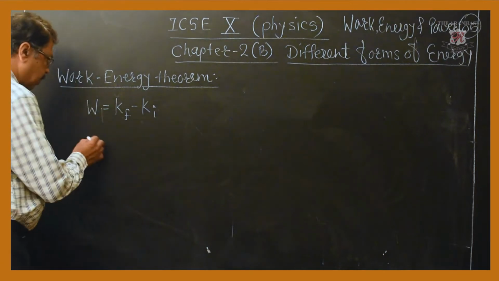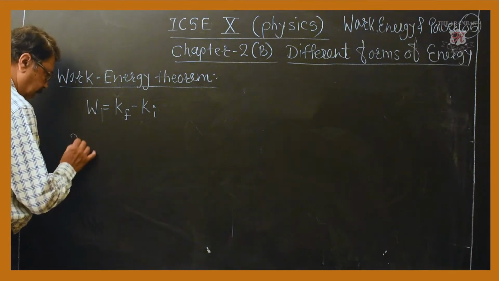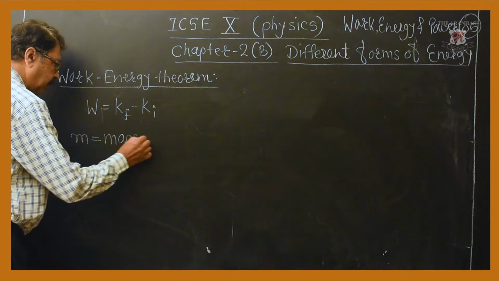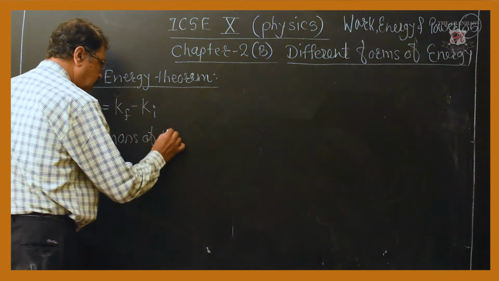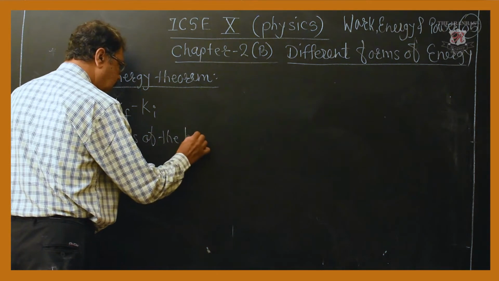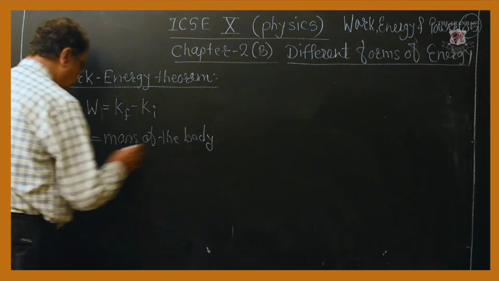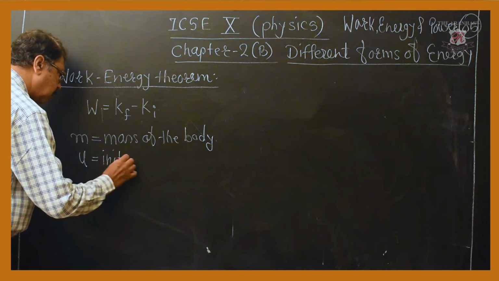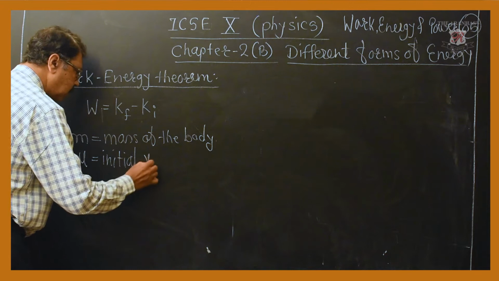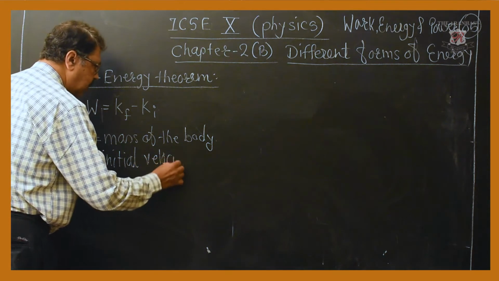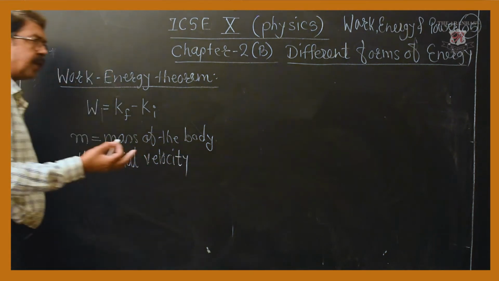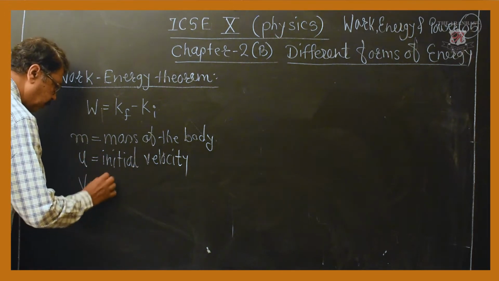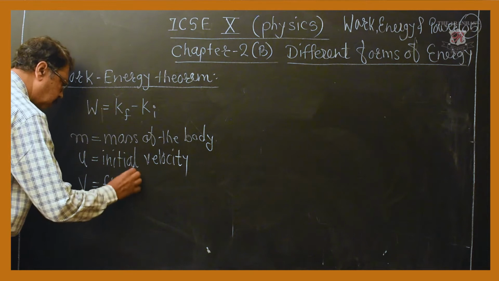Now what are the assumptions? What I am considering is m is the mass of the body, u is the initial velocity, or you can say initial speed, because we are not concerned with the direction. v is the final velocity.